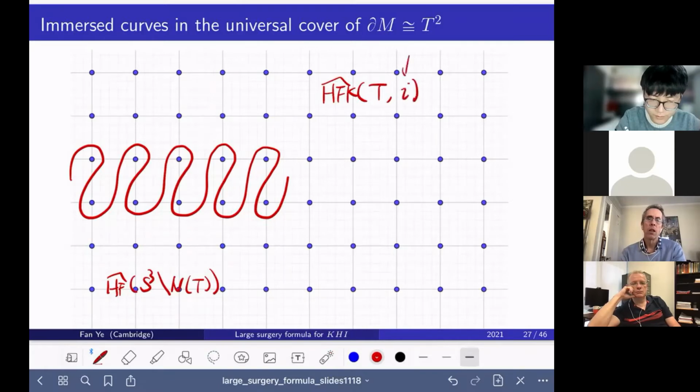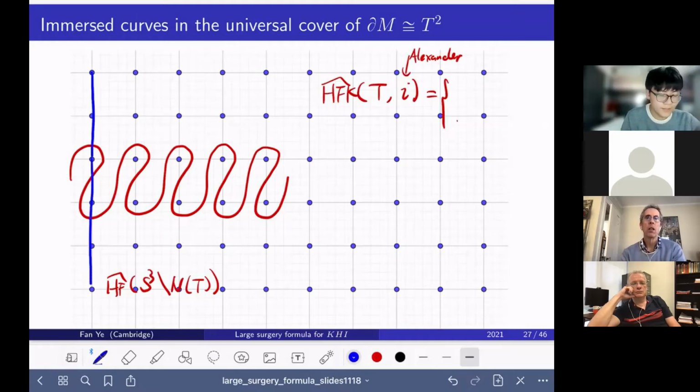To compute this, we just need to find a line that passes the base point and then count the intersection number.